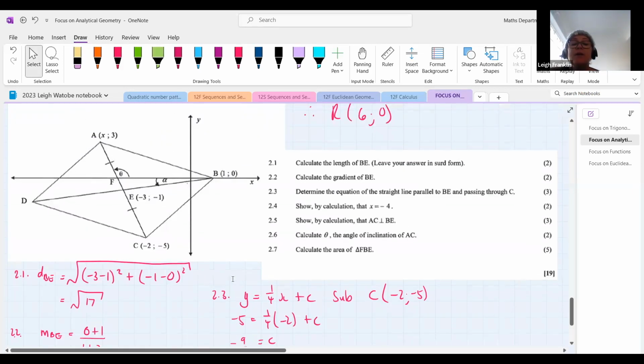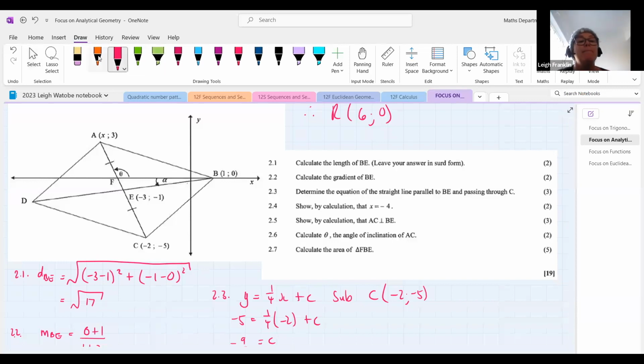That makes sense. Okay, then in question 2.4, where they asked us to show by calculation that x equals -4, can you see you've got AE equals EC? So again, you would need to do this by working backwards using midpoint formula.